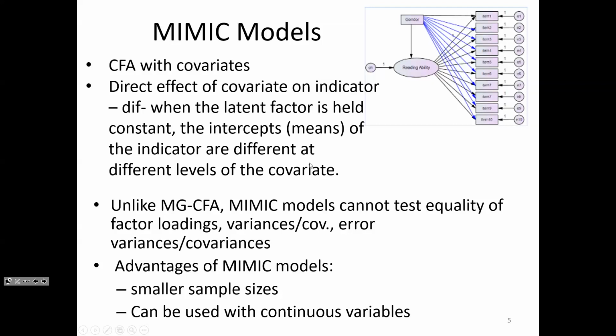But when I do a MIMIC model, I can't capture that general vocabulary knowledge actually predicts whether a boy knows slumber or not, but doesn't predict whether a girl knows slumber or not. I'm only going to get one loading across the two groups.